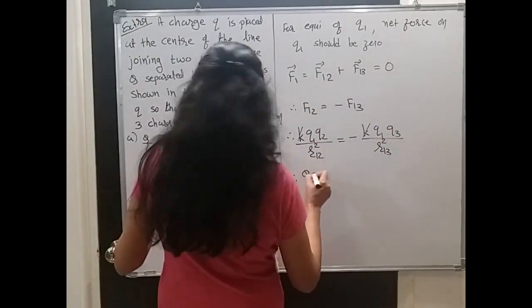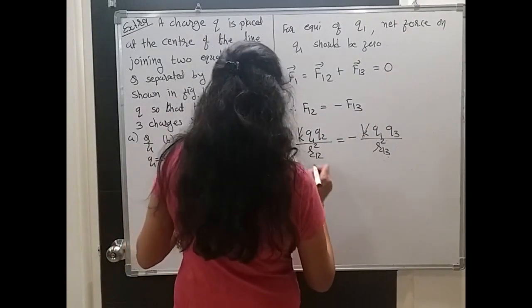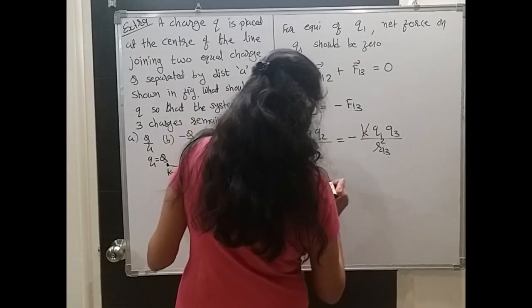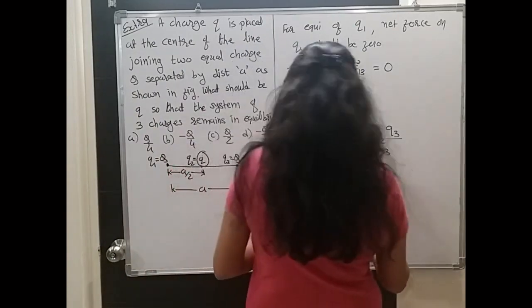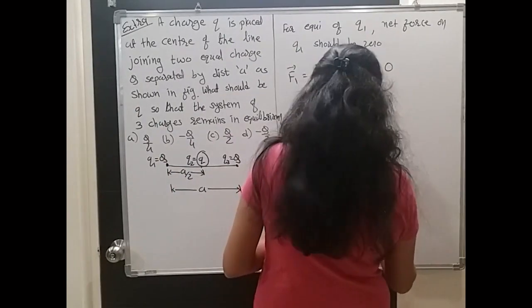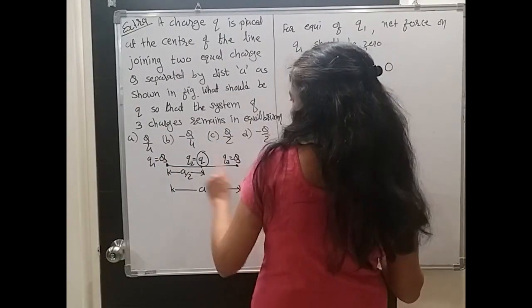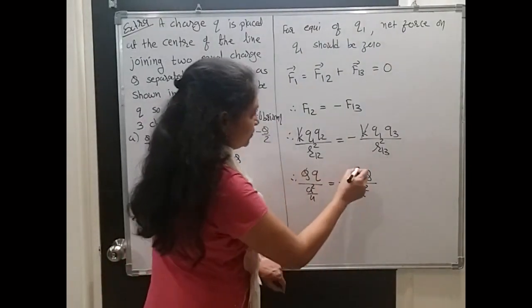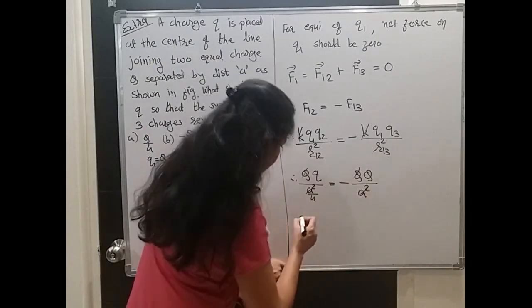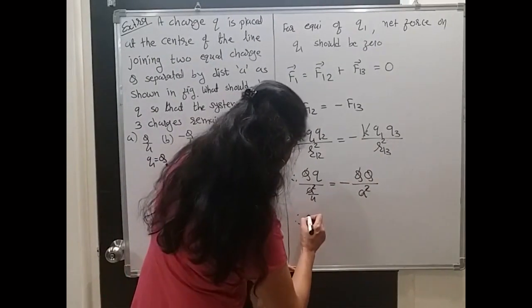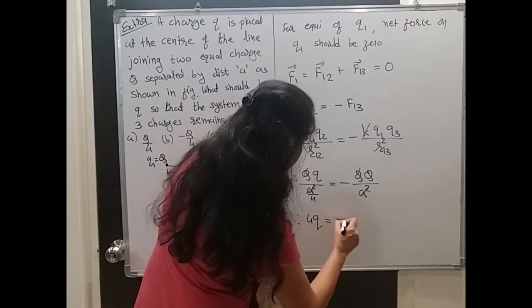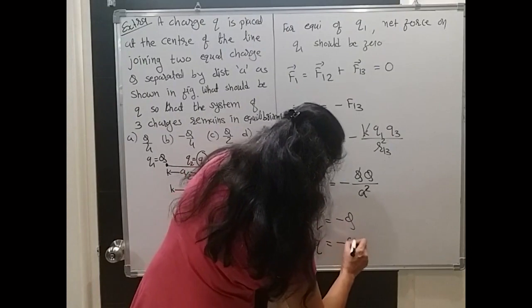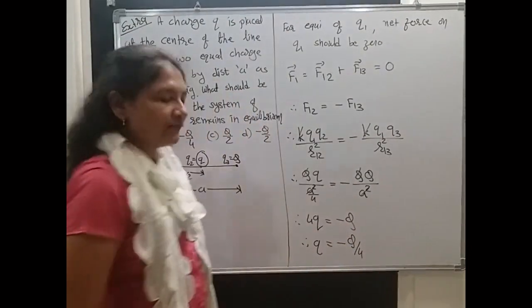Q1 is capital Q, Q2 is small q, distance between 1 and 2 is a by 2 and its square will give me a square by 4, equal to minus Q1 is capital Q, Q3 is also capital Q, distance between these two is a, so it is a square. A square gets cancelled. I can say that 4q equal to minus Q. That means q equal to minus capital Q divided by 4.